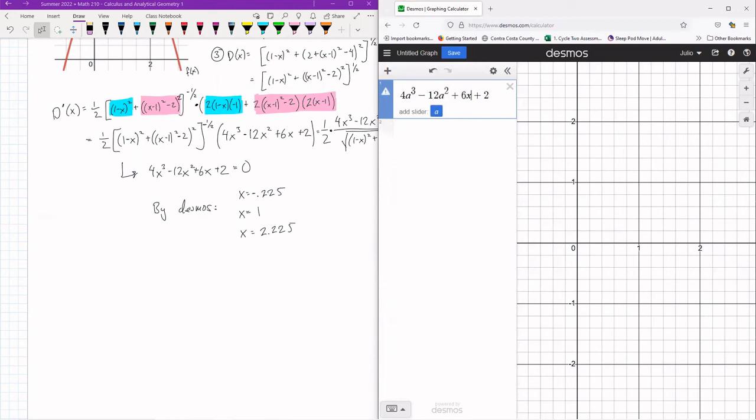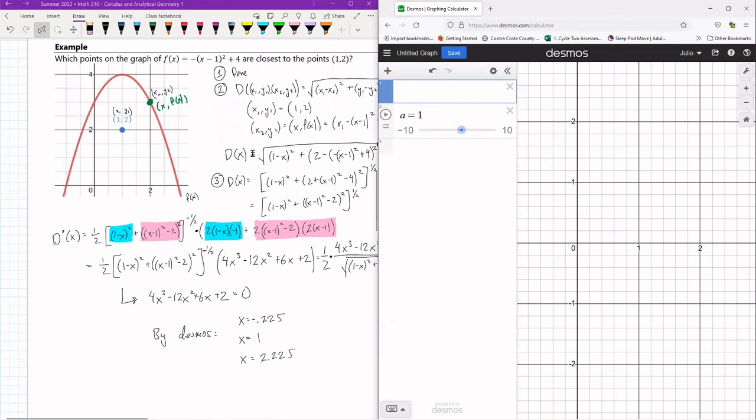Hopefully you guys are using Desmos this way too. And actually I need the original equation.